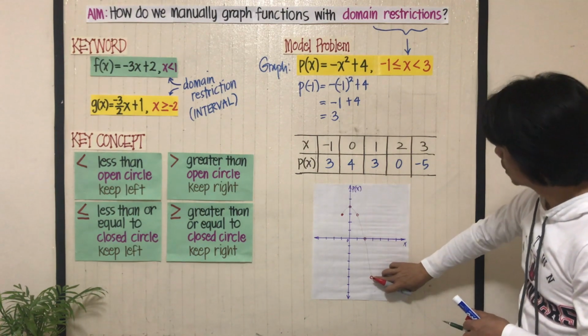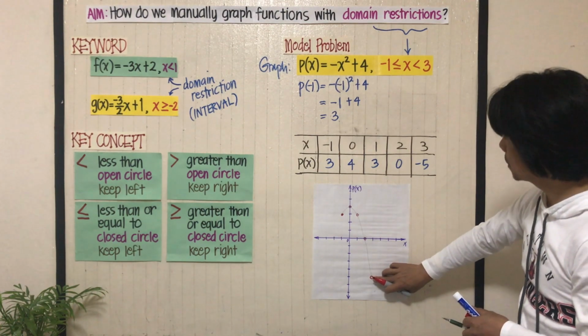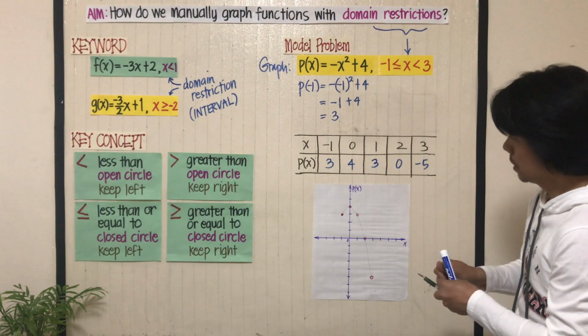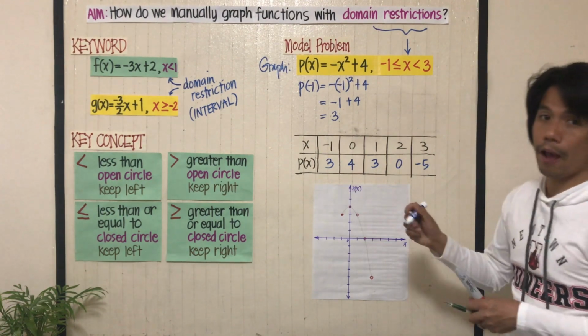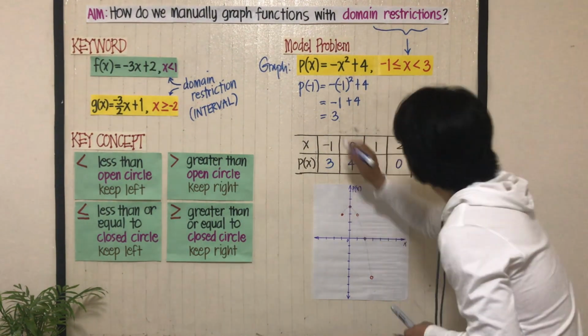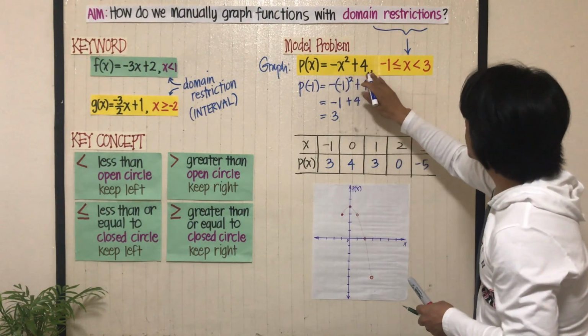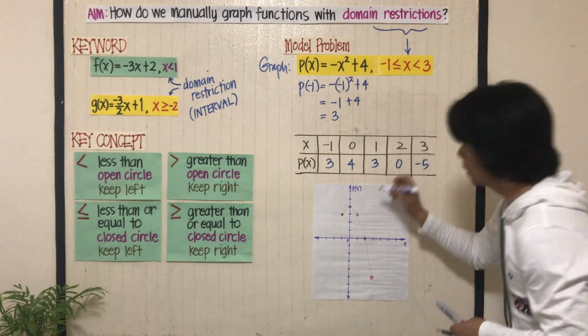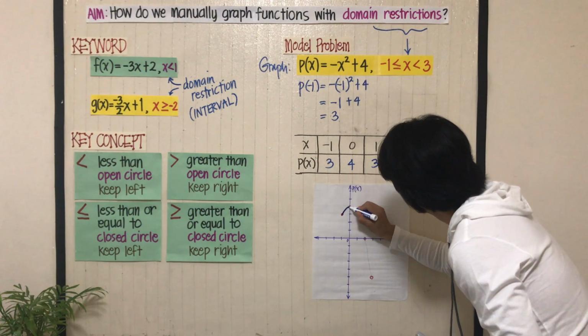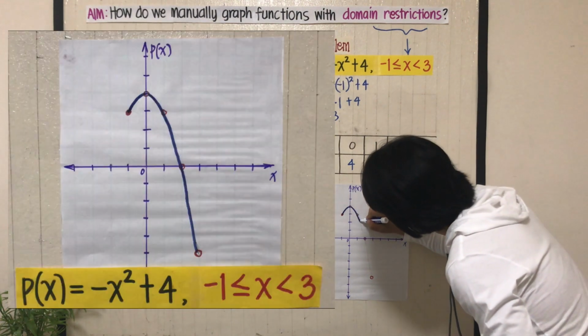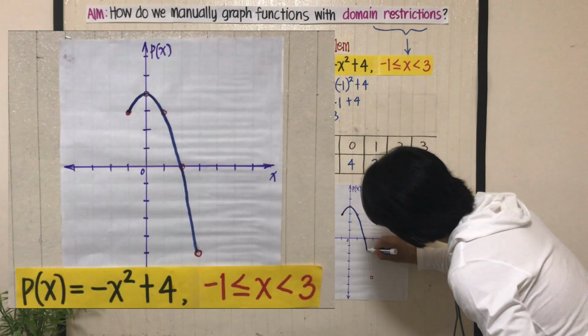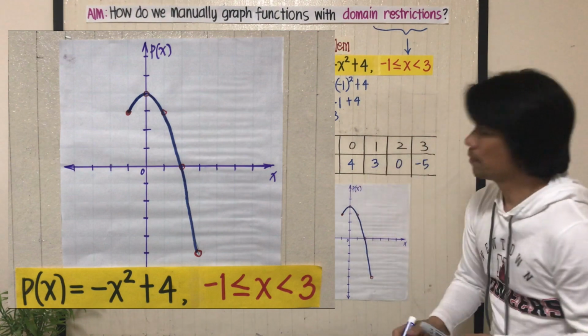That circle is an open circle. Now we're ready to trace the graph of this function, -x² + 4, with the given restriction. There you have it.